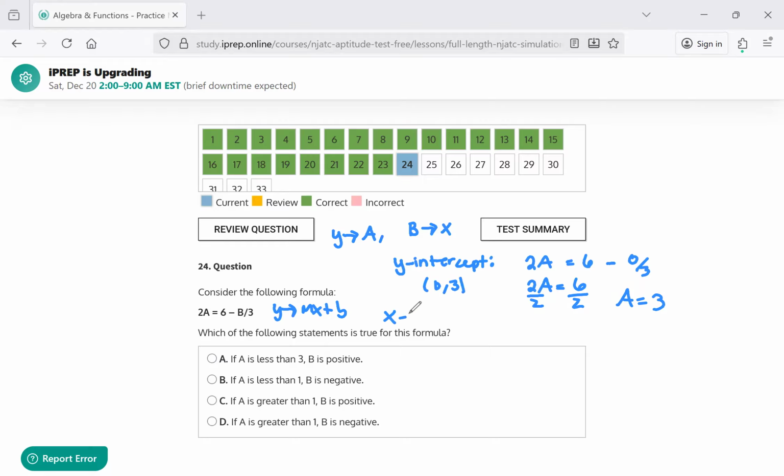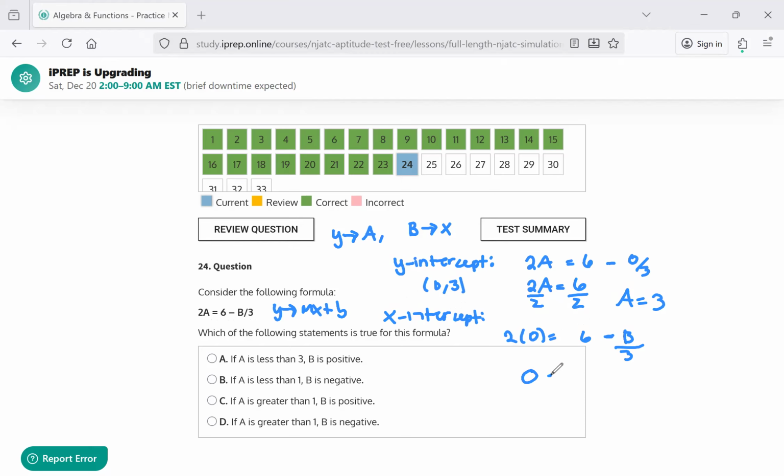Okay, to find the x-intercept. How do you find the x-intercept? You simply replace a with 0. So it's 2 times 0 equals 6 minus b over 3.